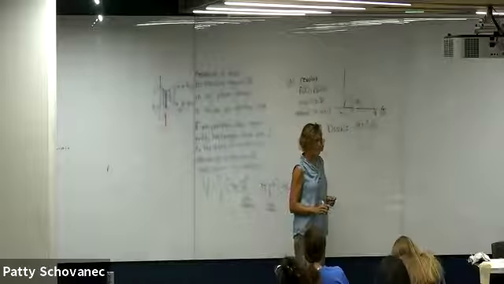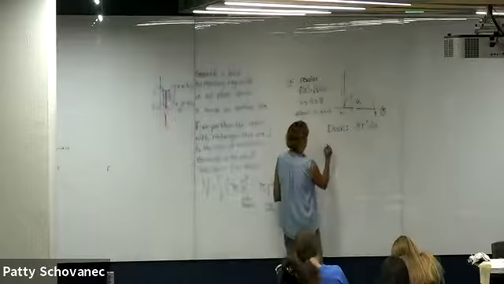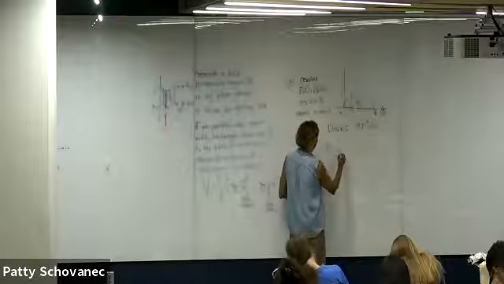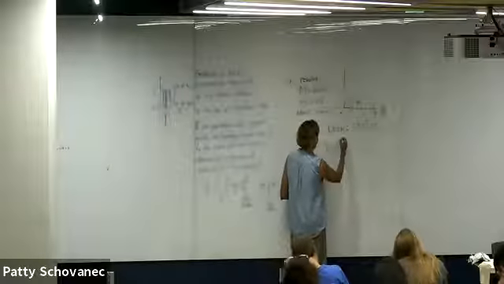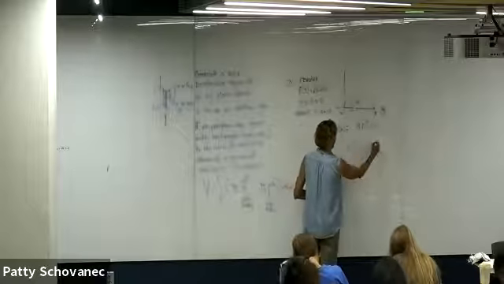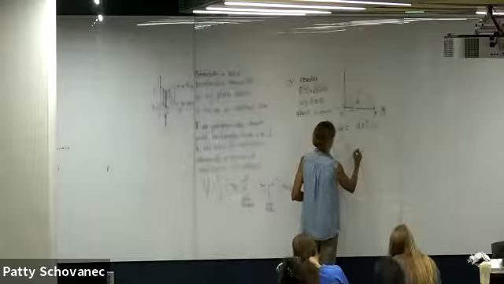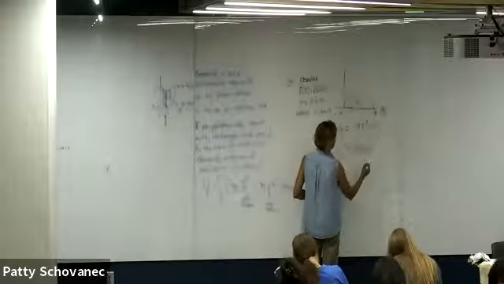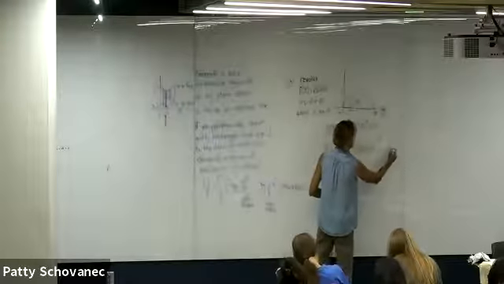The square root of sine of x. I'm going to integrate from 0 to pi, times r, which is the square root of the sine of x, squared, times the thickness, dx.